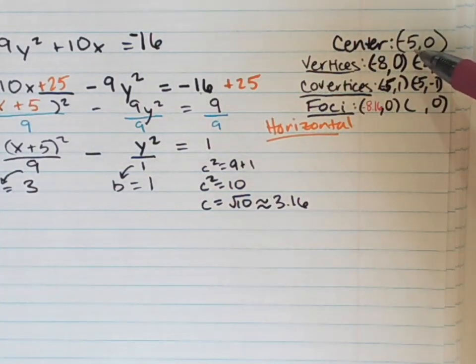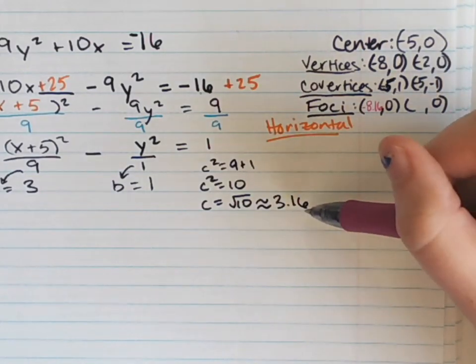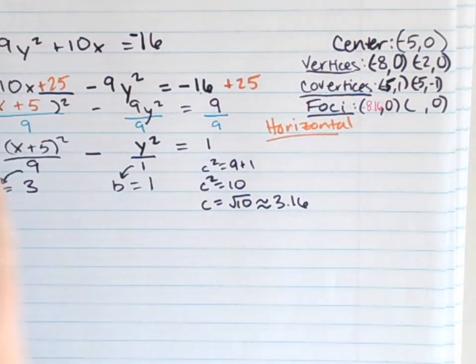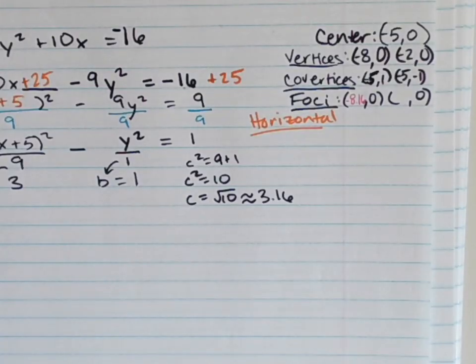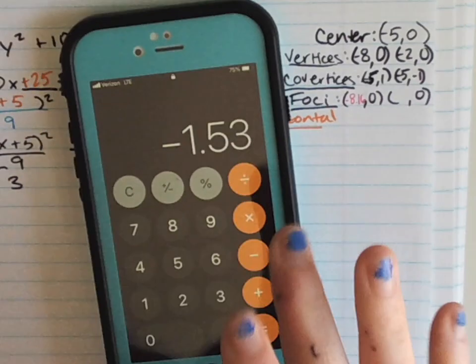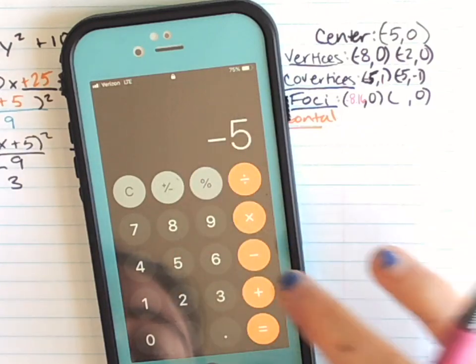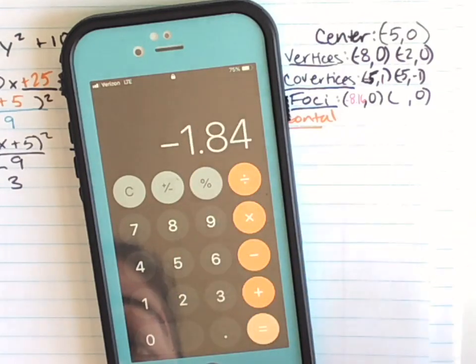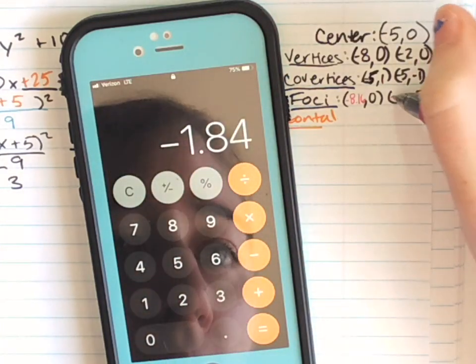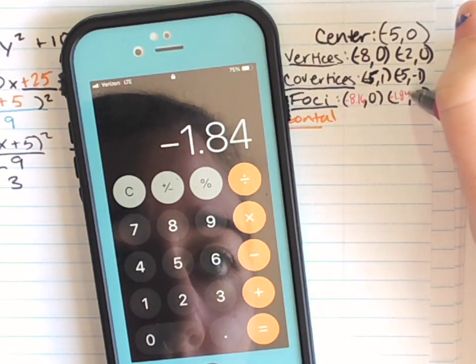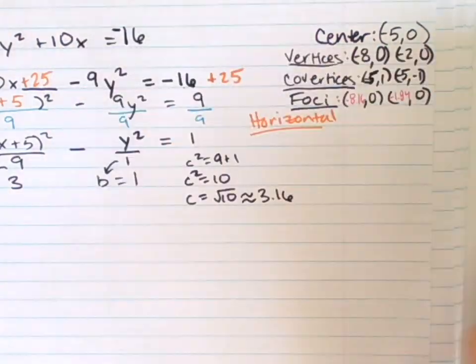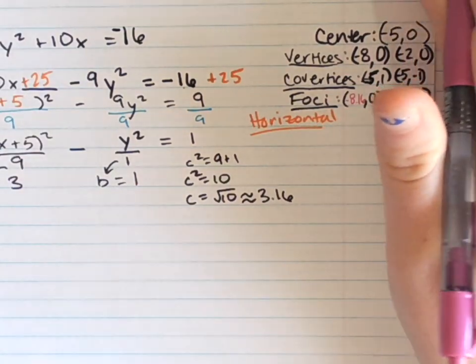If we do negative 5 plus this, I need a calculator, can't do that in my head. Negative 5 plus 3.16, negative 1.84. If you can see that.